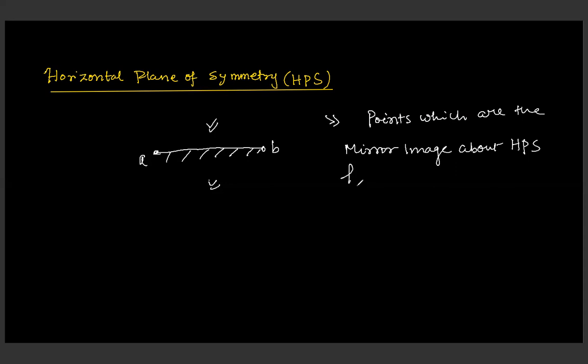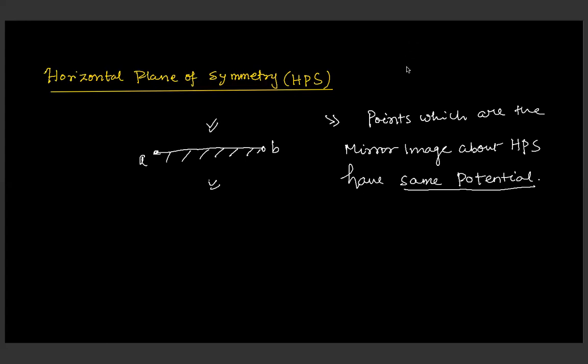They have the same potential. And as we know, any 2 points having the same potential, any circuit element connected in between, like a capacitor or resistor, should have no effect.